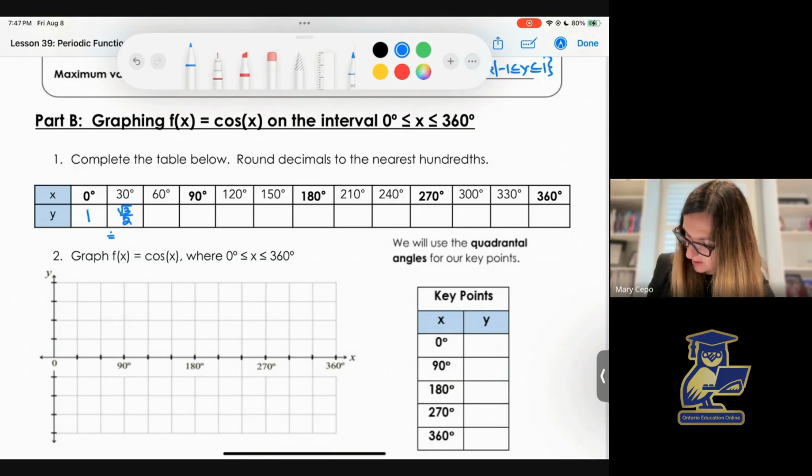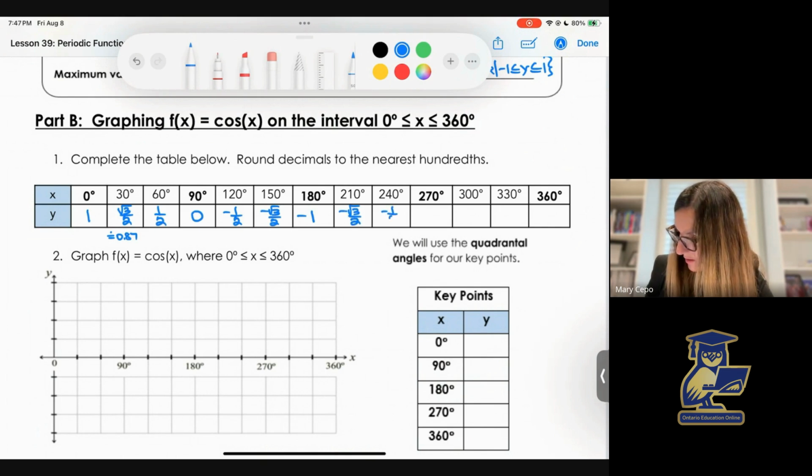Cos of 60 was 1/2. 90 is 0. Then negative 1/2, negative root 3 over 2. If you took cos 180, it'd be negative 1, then negative root 3 over 2, negative 1/2, 0, 1/2, root 3 over 2, and then back to 1.